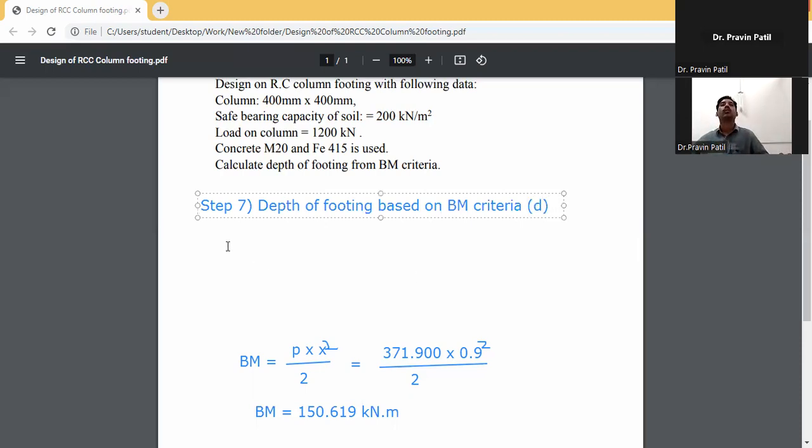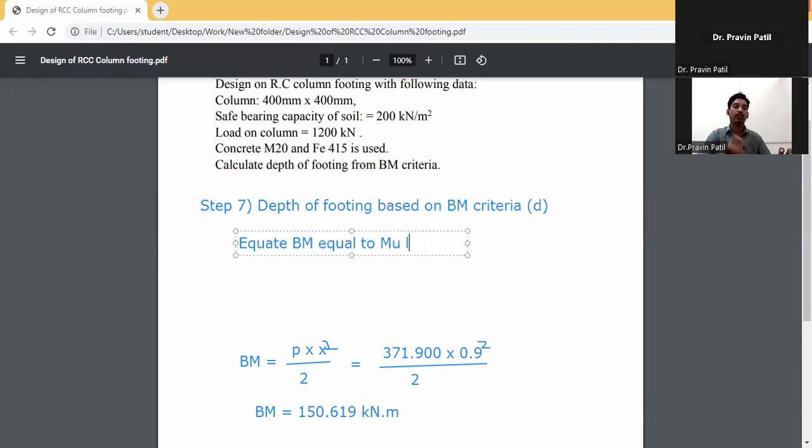So for that, equate BM equal to Mu limiting. BM is equal to Mu limiting, for Fe415 it is 0.138 into fck into b into d square.